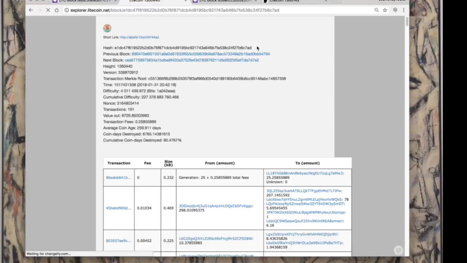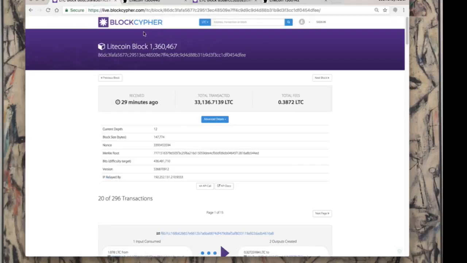All right, so the hash, this is the block header. This is how everything was hashed. This is the identity of the block. And notice how each explorer will organize and present the information differently. So depending on what type of information you want, choose your block explorer.